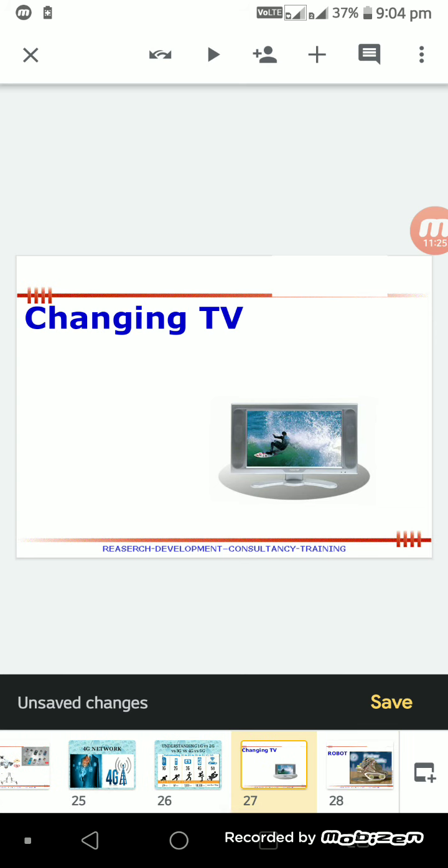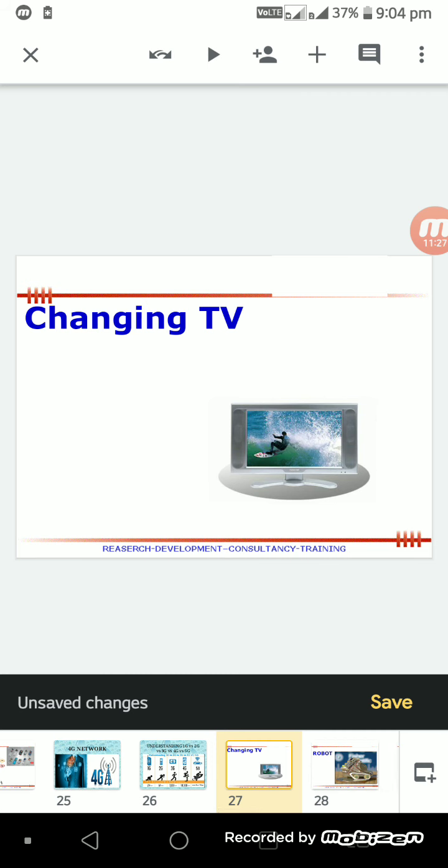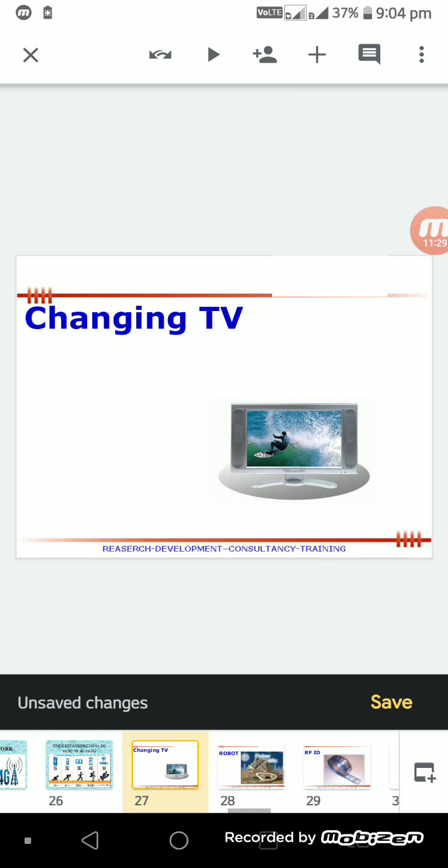Nowadays we are using the best display. Display means either picture display or character displays. Nowadays we are using LED screens. LED is the most important because there is no effect on eyes, picture quality is high, and power consumption is low, but cost is high.